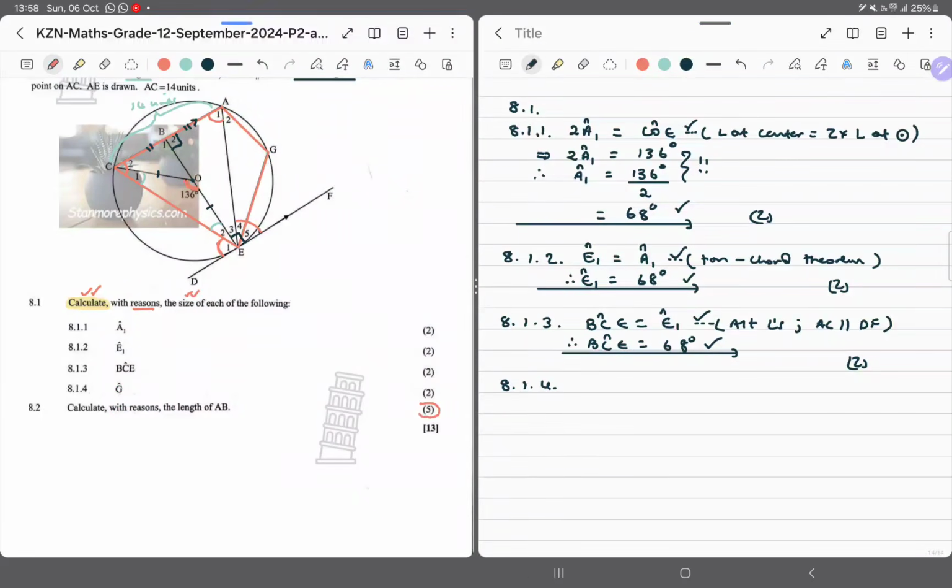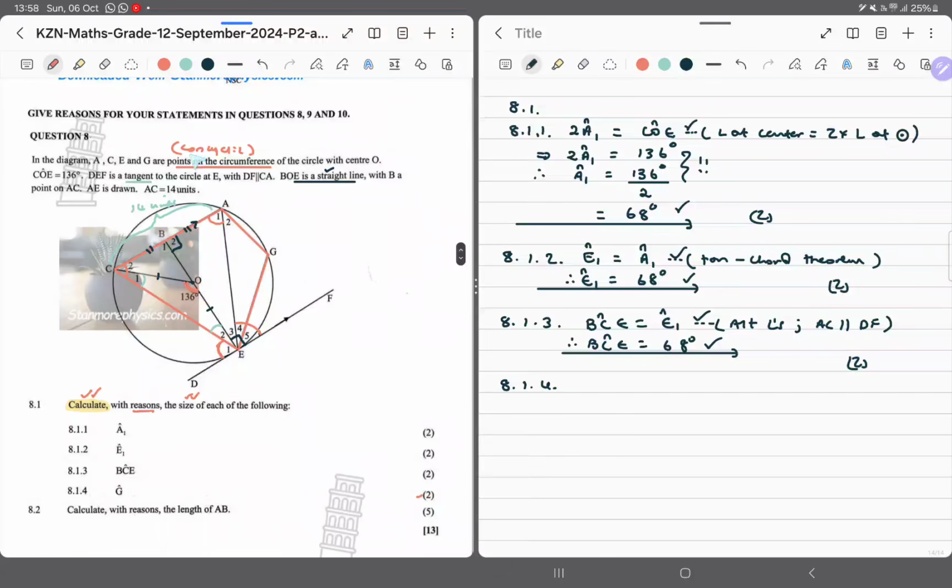G. Now you can see G is doing its own things now. How do we find G? Oh, 2 marks. Okay, good. Can you see? This is a cyclic quad. So that statement that these 4 points are concyclic works in our favor now. So we know that angle G plus angle ACE, let's not introduce a new term.